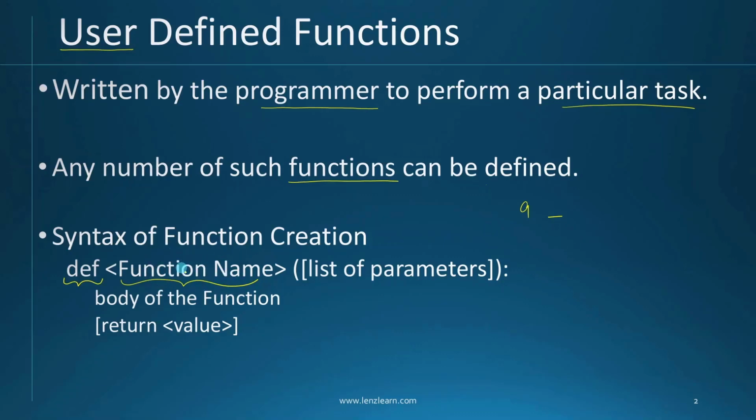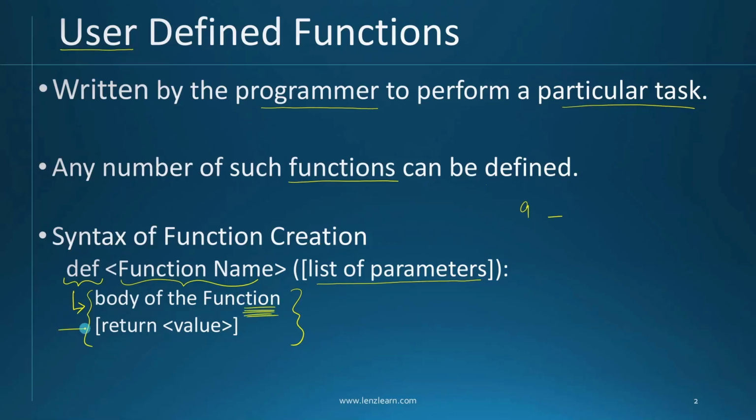After you have written the name of the function, you can write a list of parameters. Parameters are the values which are accepted by the function, and the function will work on these values to produce the output. Inside the function, you can see it is indented. The entire part which is indented inside the def keyword is taken as the body of the function. You can have many statements inside the function.